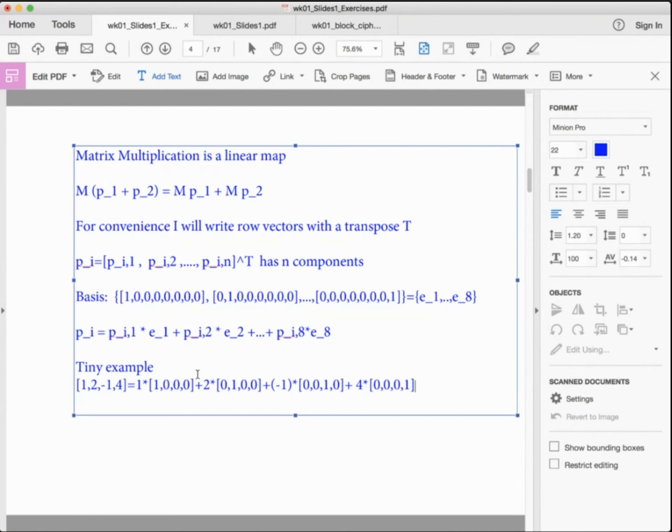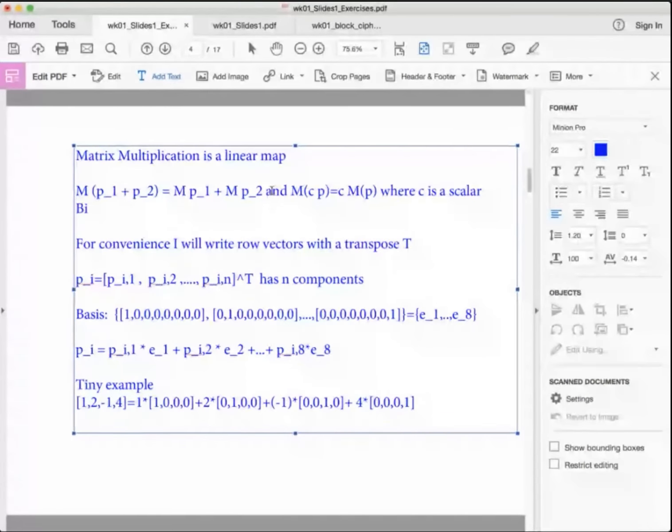And because the mapping is linear, a constant C times P equals C times the mapping of P, where C is a scalar. We have binary, so the only scalars are 0 and 1. But that's fine. It's true in general, but it's even simpler in binary. So here's the point.